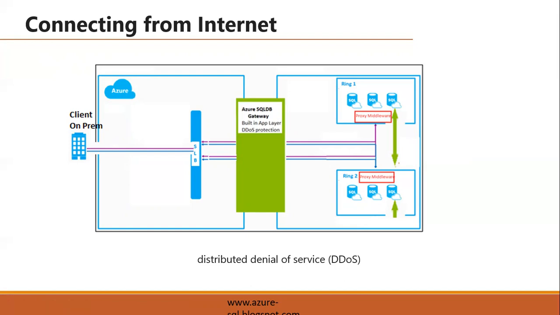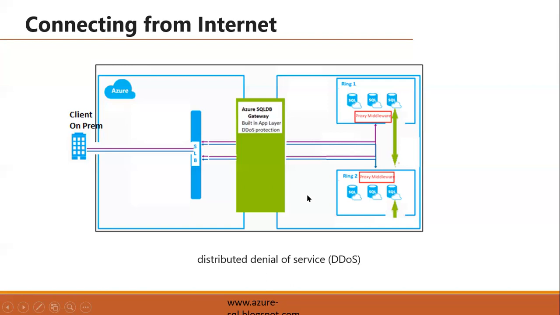The proxy middleware is basically the endpoint we have created. So the request is submitted to the endpoint, then that endpoint will verify the firewall rules. It allows access to the respective databases. We see how the connectivity is happening in the background.